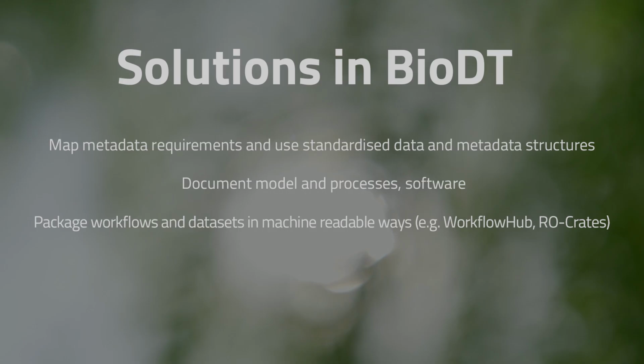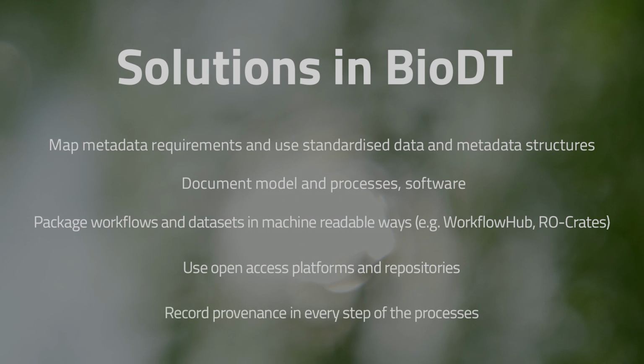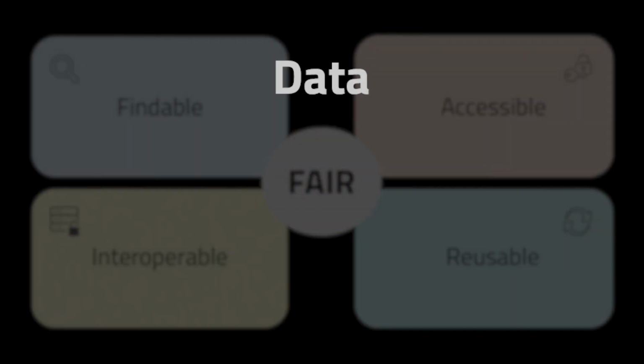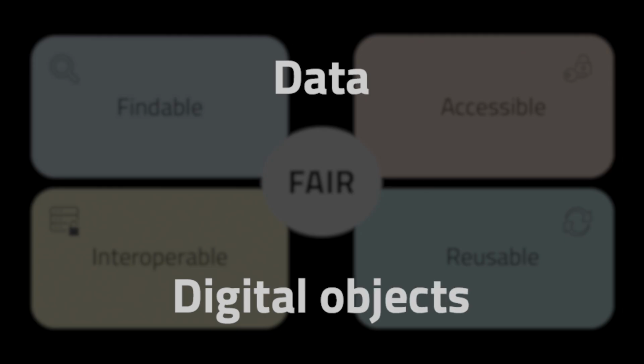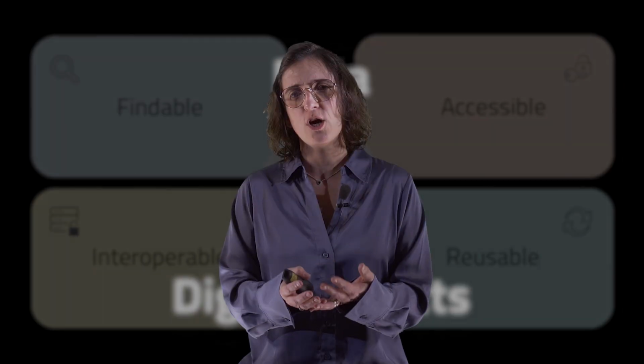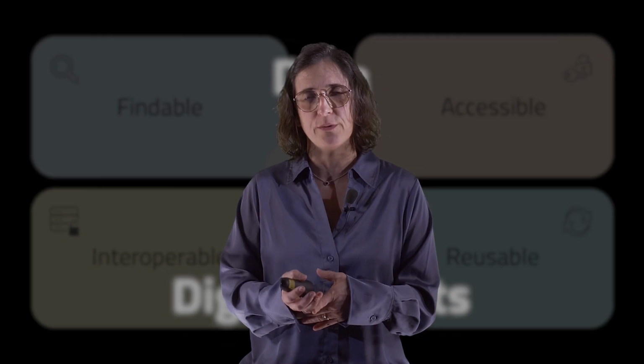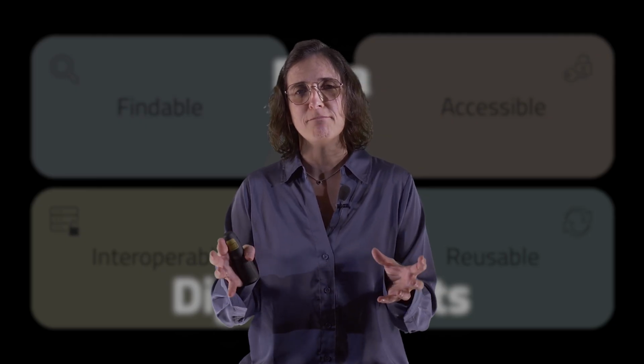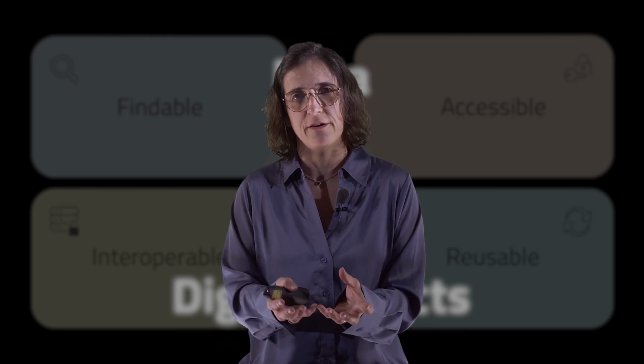The data is being made available in open access platforms and repositories, and provenance is being recorded in every step of the processes. So if we think about the challenges and solutions in biodiversity digital twins, we understand that FAIR is not only for the data, but is actually for all digital objects, and that includes the data itself, but also the models, the software, the algorithms. So it's a much broader perspective that we should take on FAIR.